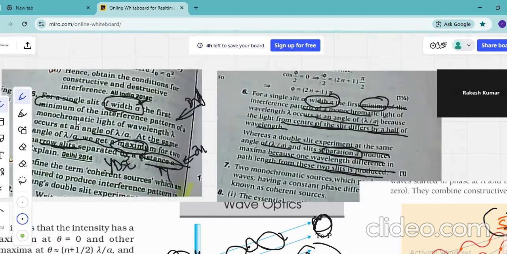And he says for a single slit width, that means a long slit, the first minimum of monochromatic light occurs at this. So this is darkness, because they have half of wavelength, each destroying each other. Whereas in a double slit experiment, interference produces a maximum, because of one wavelength difference, in phase, and so a maximum, a bright spot.